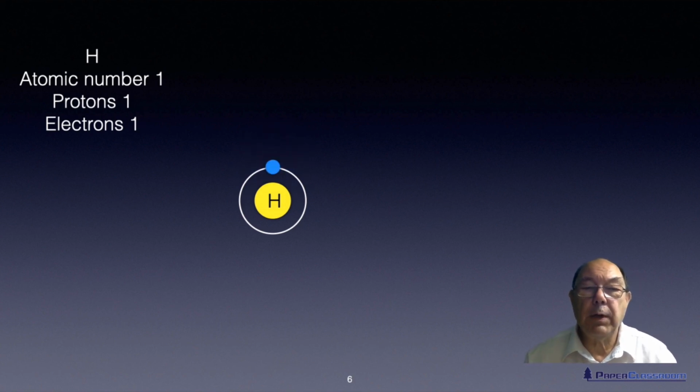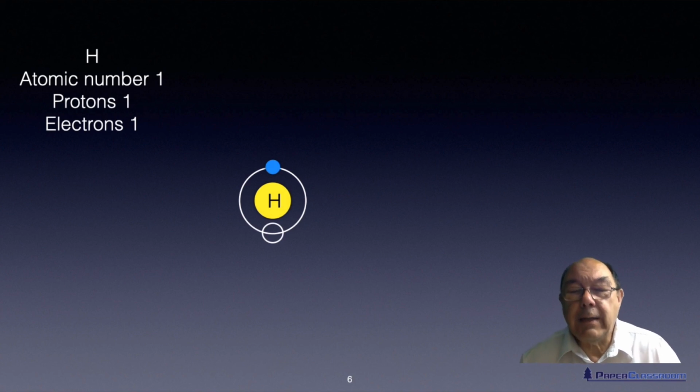So there's our 1 electron. Now, the K shell is only fully satisfied if it has 2 electrons in its shell, in its orbital. So ideally, it would like this second electron, but it doesn't have one unless it acquires it from somewhere else.